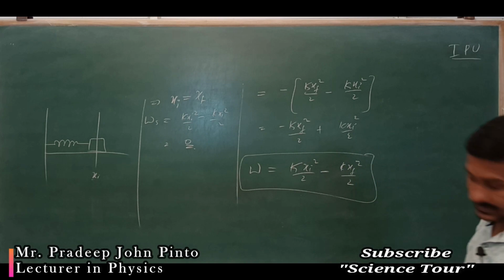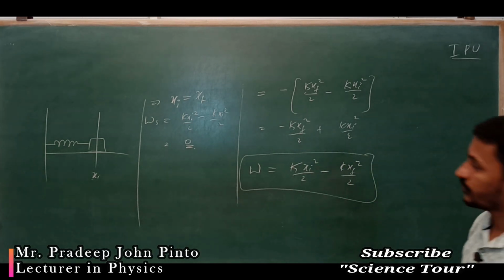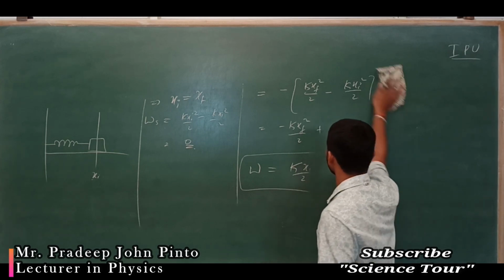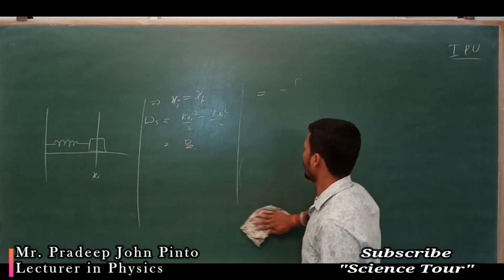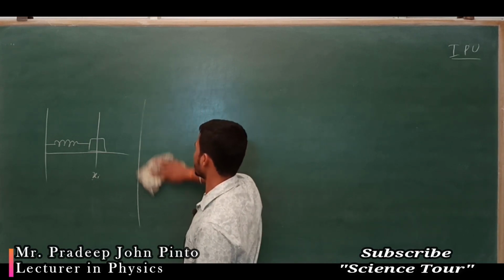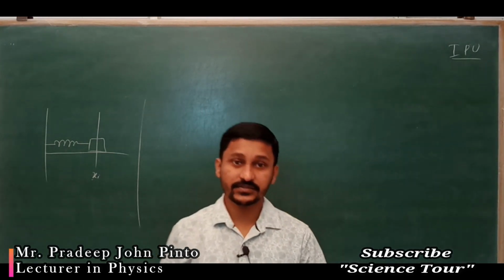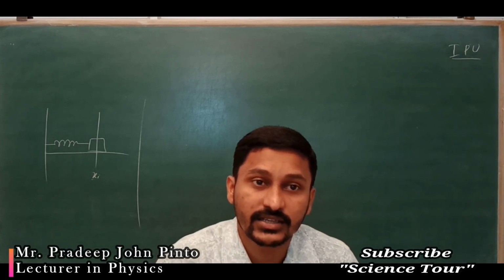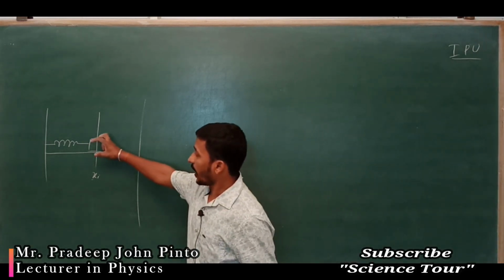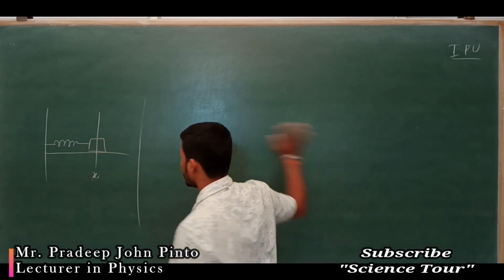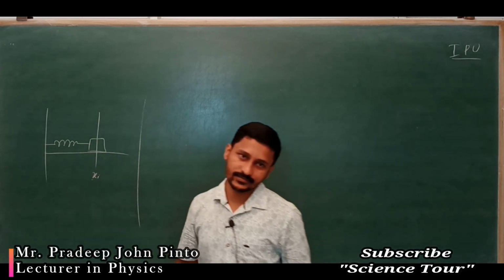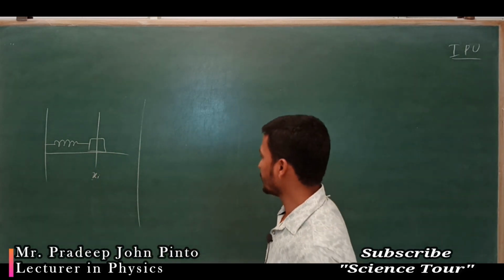Now what I can do to find out? In the case of the spring force, or whatever force which is conservative, the mechanical energy is conserved. If the force is conservative, the mechanical energy is conserved. Now I am going to pull it and leave it, and it is going to oscillate. How will it oscillate?